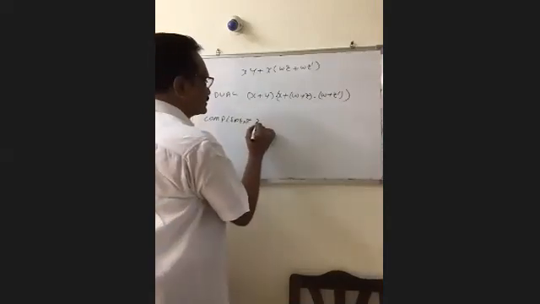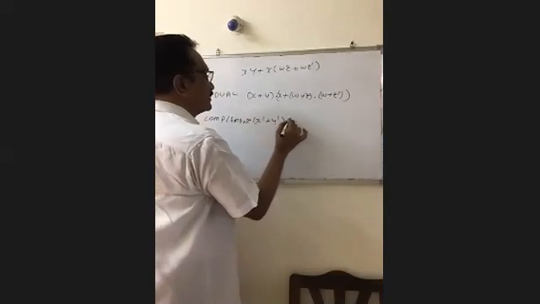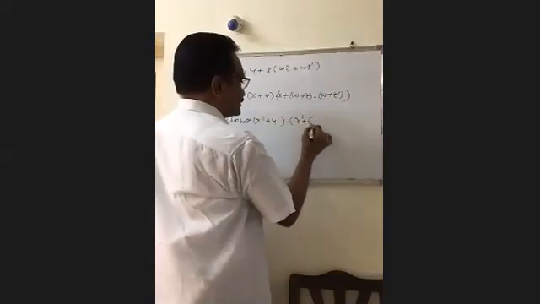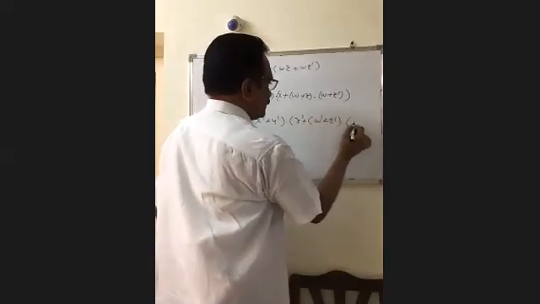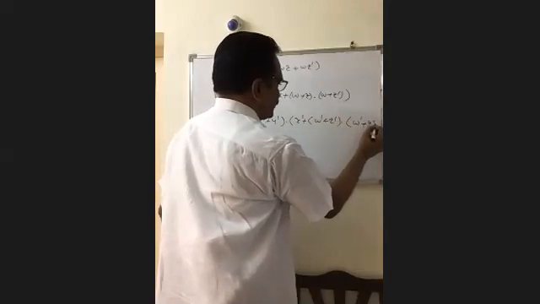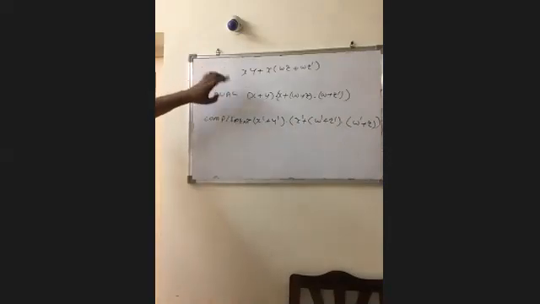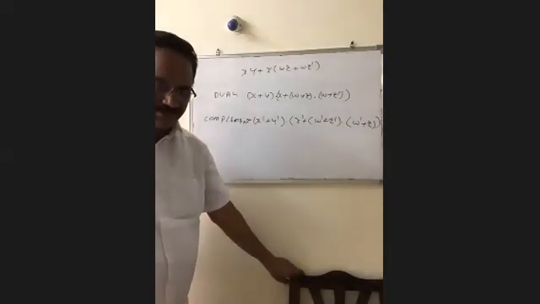So write this as x' plus y' into x' plus w' plus z' into w' plus z. This is the dual and this one is the complement.